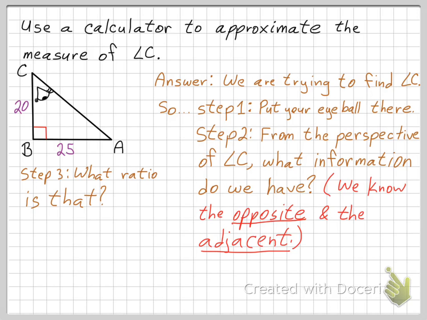Sine, cosine, or tangent? So I'd go back to my SOHCAHTOA, and I'd go, well, like we said, it was opposite over adjacent, right? And so that's this function, opposite over adjacent. So it has to be my t, or tangent. So it's going to be the tangent of angle C is going to be equal to opposite over adjacent, 25 over 20. Okay?